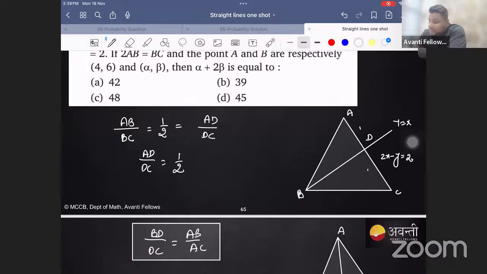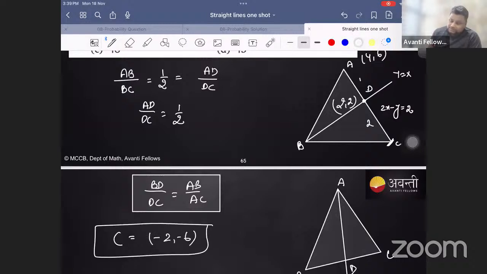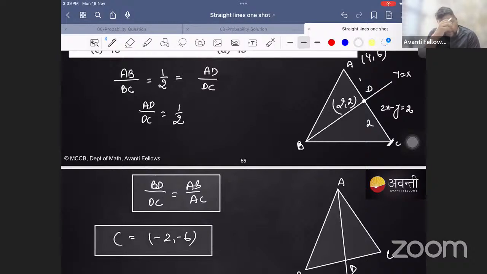Now A is (4, 6). D is the point of intersection of y equals x and 2x minus y equals 2. So the x coordinate is 2 and the y coordinate is also 2. With the section formula, you can find point C. Now if you calculate, your C point will be (-2, -6).